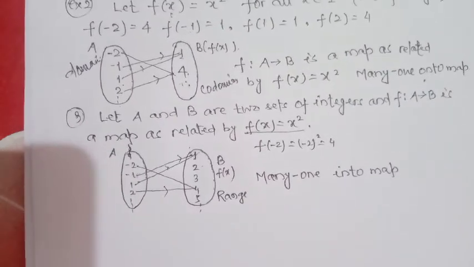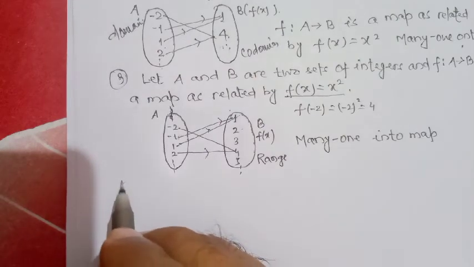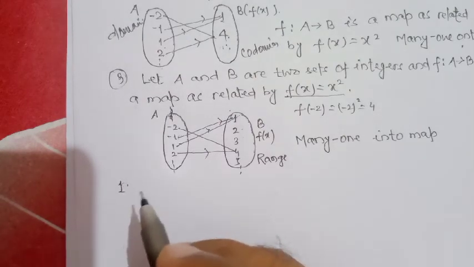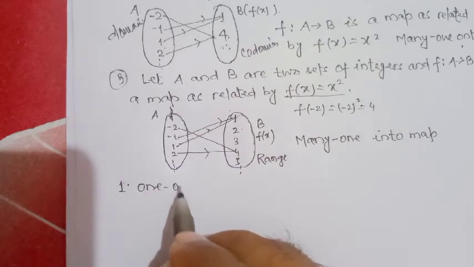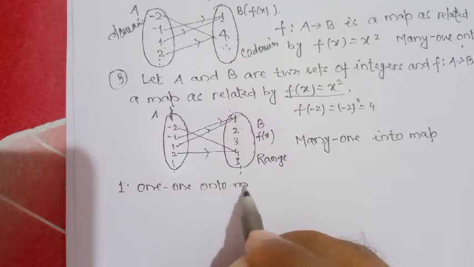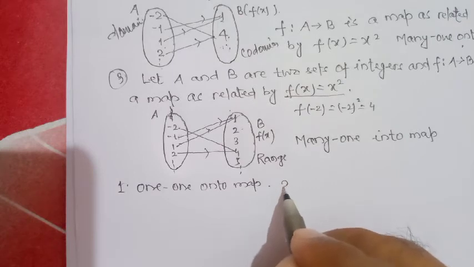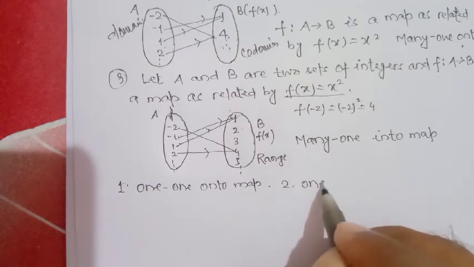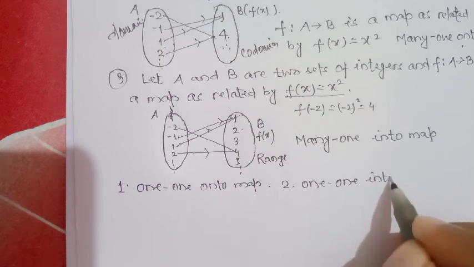So first I am going to write down all type of map. We have seen there are 4 types of map. First, 1-1 onto map. Second is 1-1 into map.